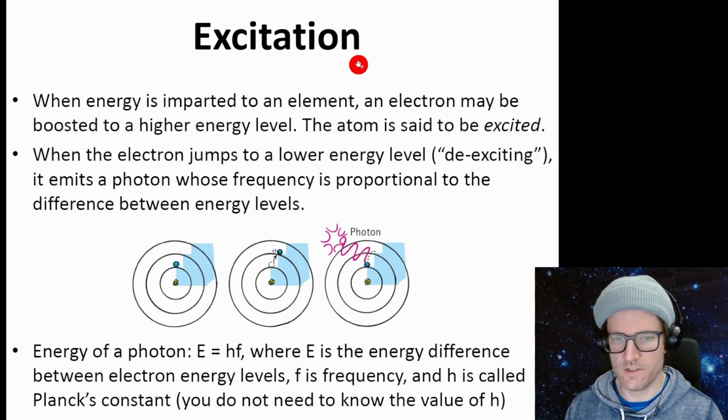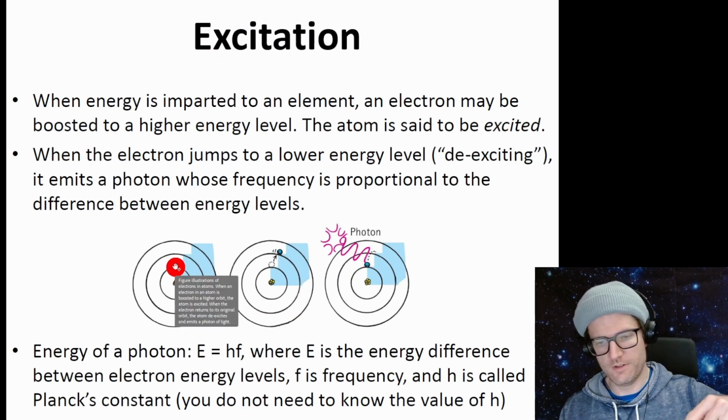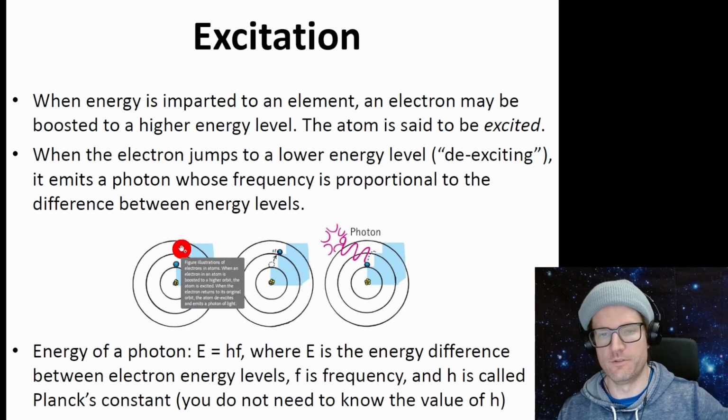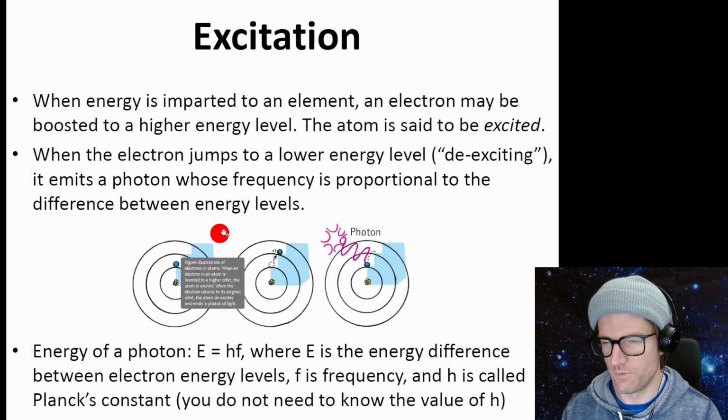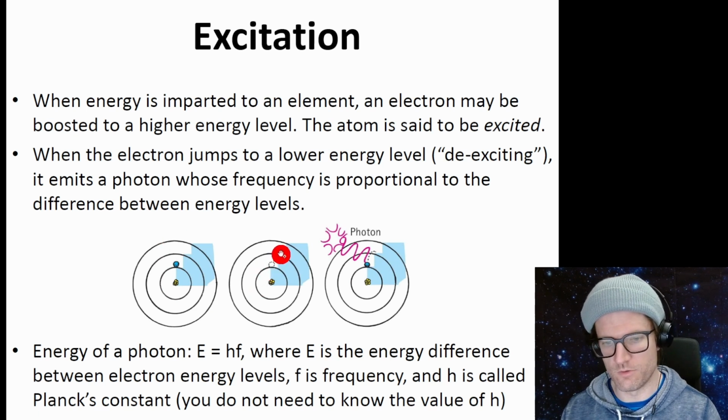Excitation is when electrons are hit with a photon and bumped up to a new energy level. If this is n equals 1, n equals 2, n equals 3, and the electron goes from n equals 1 to 2, it's excited, and it's in an excited state.